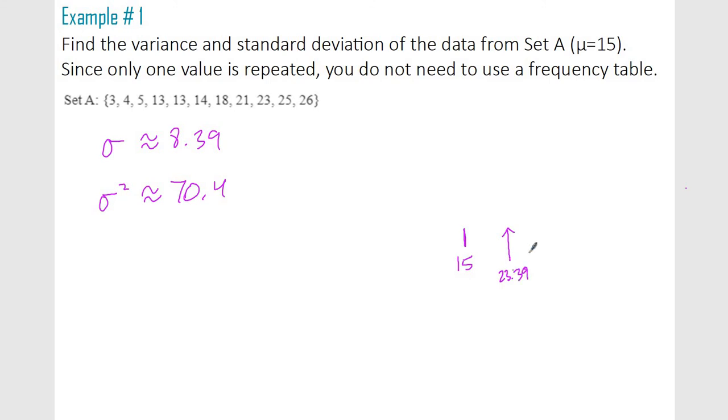And 15 minus 8.39 is, oh, if I can do things correctly. All right, so one standard deviation to the left is 6.61. Okay, so that was one standard deviation. Let's do 2 and then 3. I'm trying to make them even, but you know, I do the best I can.